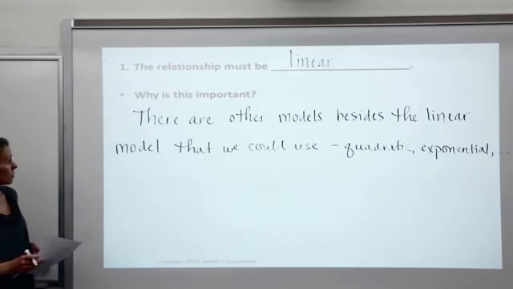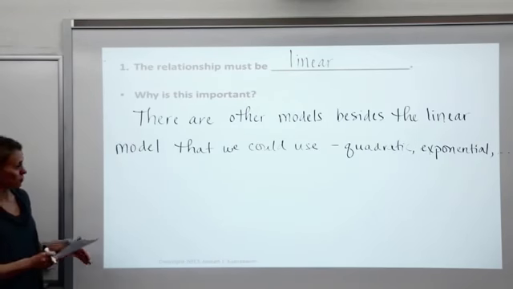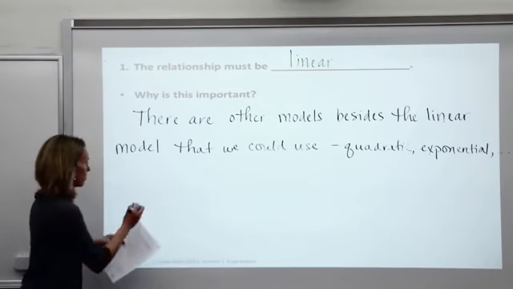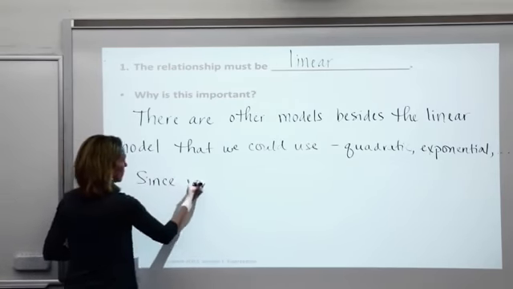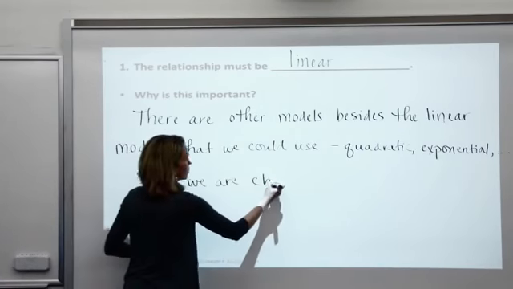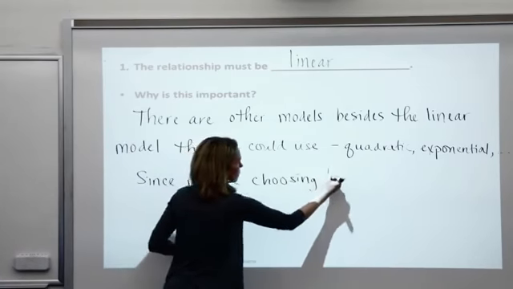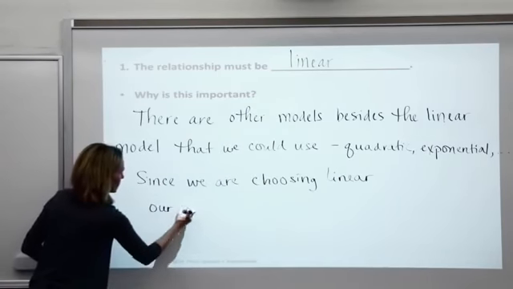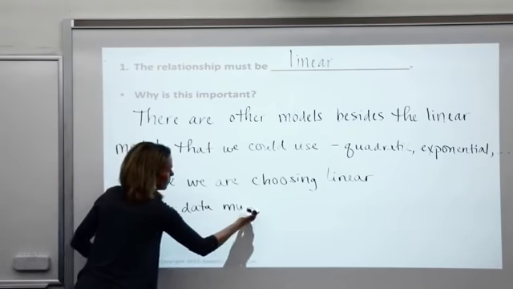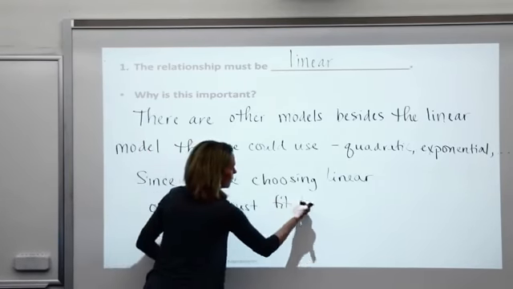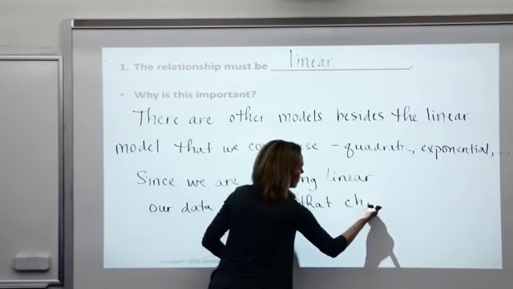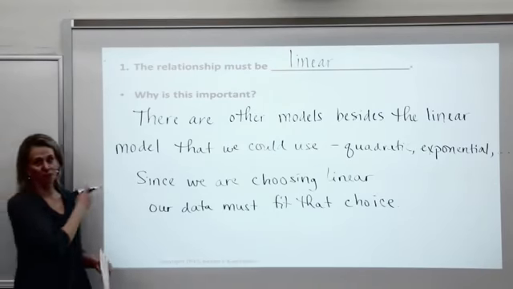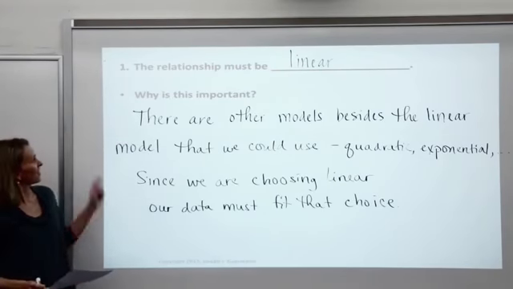So even though there are other models besides linear that we could use, we're choosing a linear model, so in order to fit a linear model, your data have to look that way. If they don't look linear, we're not fitting a linear model. Alright, so that's the first thing.